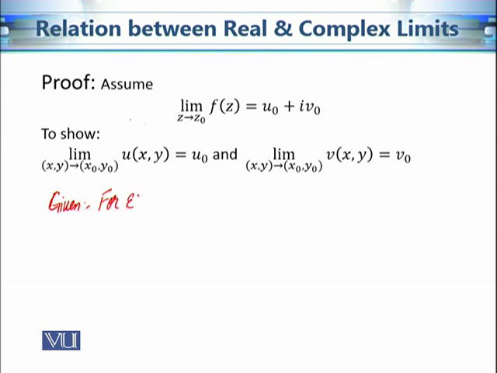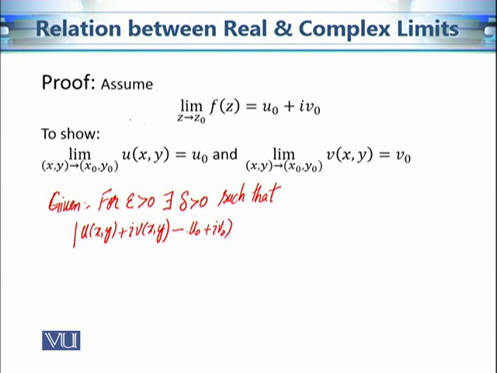For epsilon greater than 0, there exists delta greater than 0 such that the distance between f of z, so I am going to use its expanded notation, in other words u of xy plus iota v of xy, minus this limit u naught plus iota v naught, is less than epsilon whenever the distance between z and z naught, z minus z naught, is less than delta and of course greater than 0.